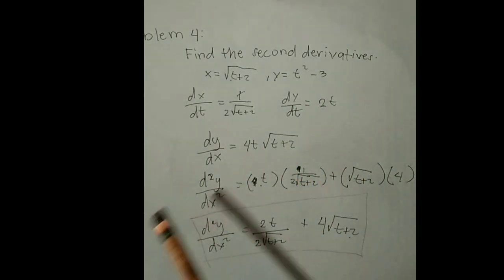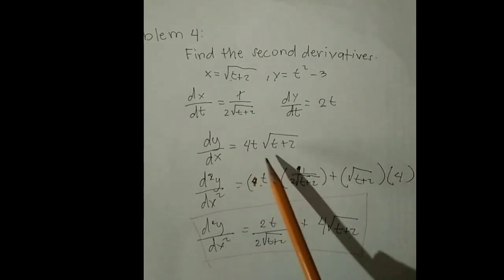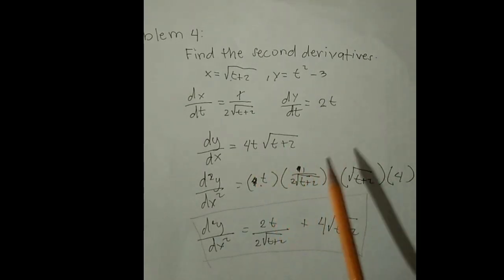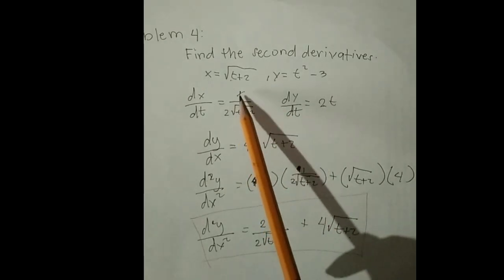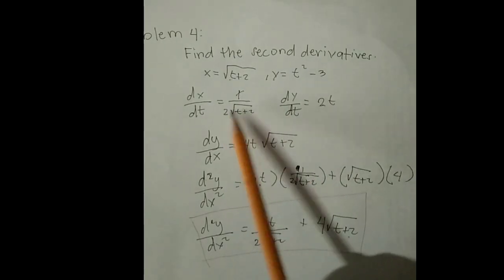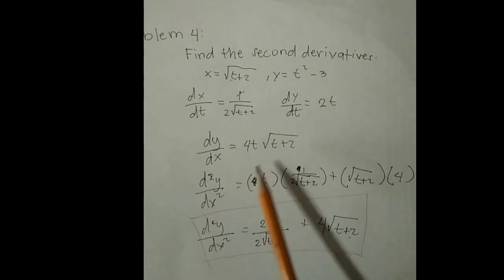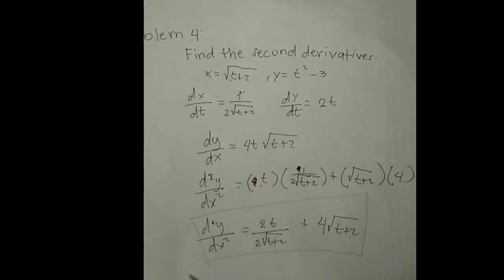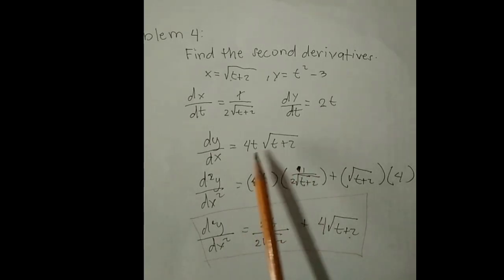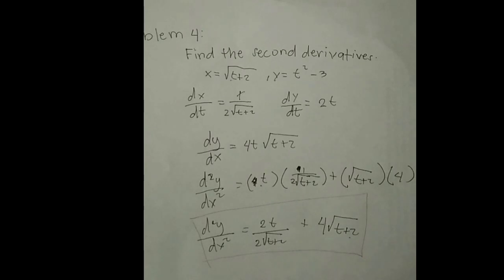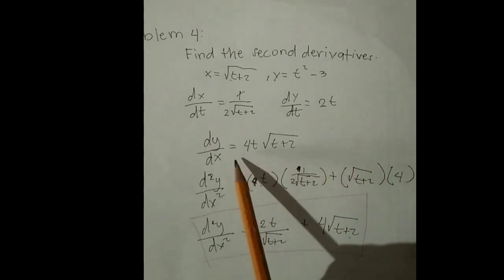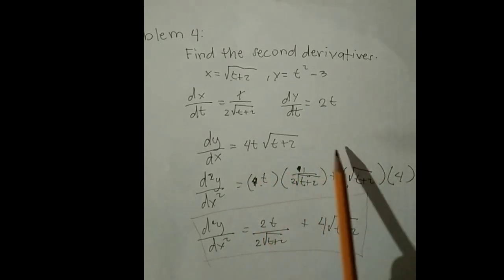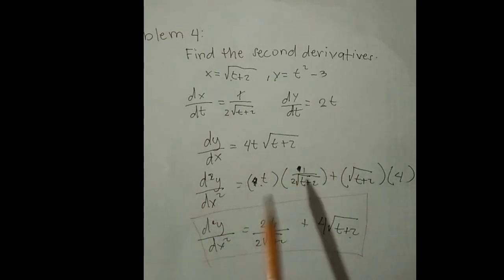Next, the second derivative. So we use the product rule, which is u dv plus v du. So u is 4t, then the derivative of v is 1 over 2 square root of t plus 2, plus v, which is square root of t plus 2, times the derivative of u, which is 4.